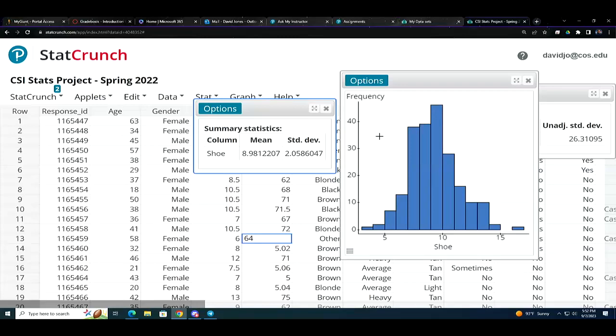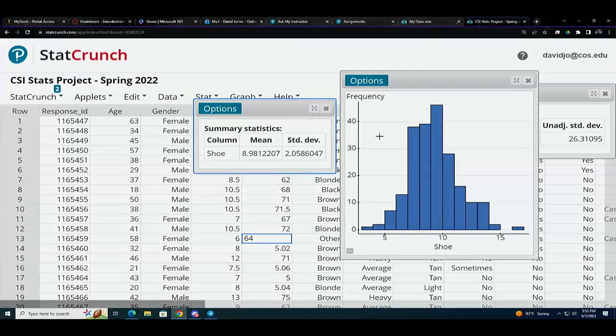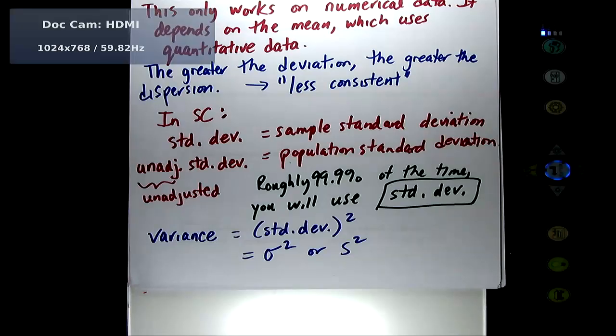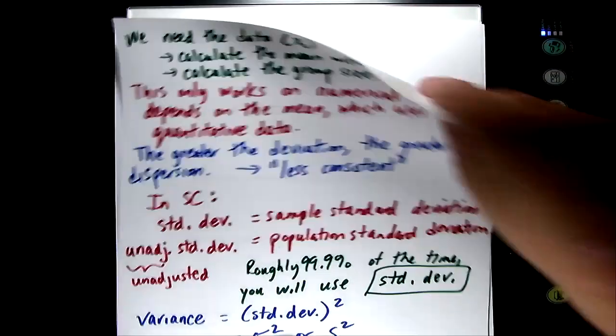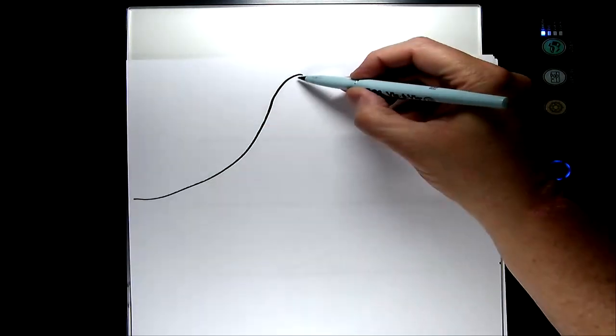Let's take a look at how that works a little bit better on the empirical rule. So the empirical rule is a graph, and it is a graph you should probably memorize. I'm going to assume I do a decent bell curve here.